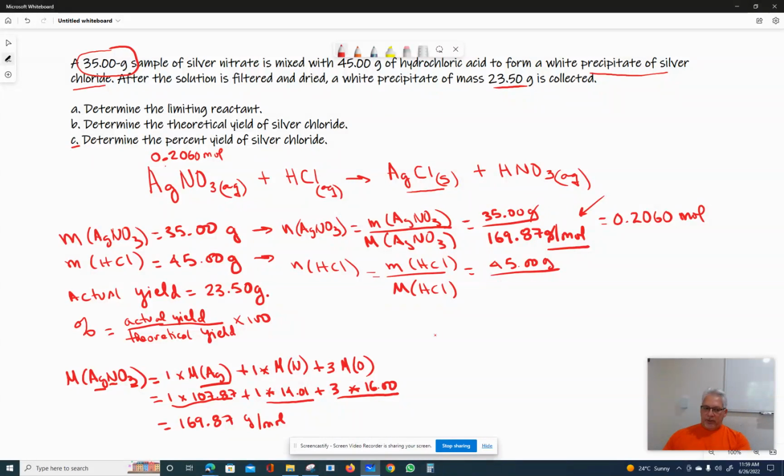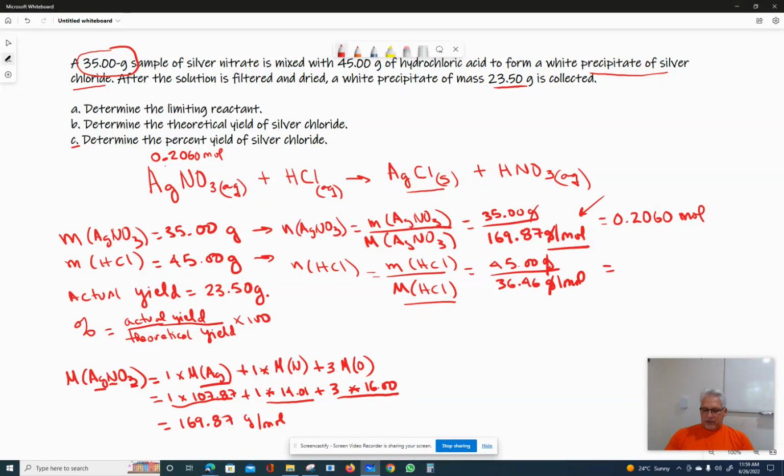And using my periodic table again, I can calculate the molar mass of hydrochloric acid by multiplying 1 time the atomic mass of hydrogen plus 1 time the atomic mass of chlorine. I got 36.46 gram per mole.